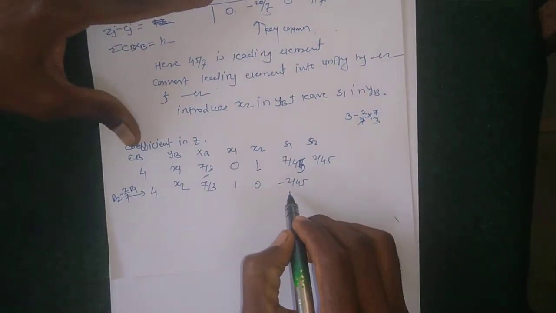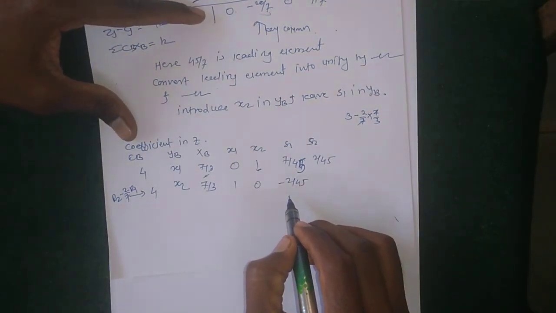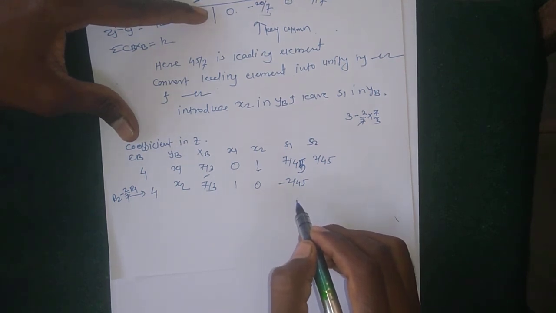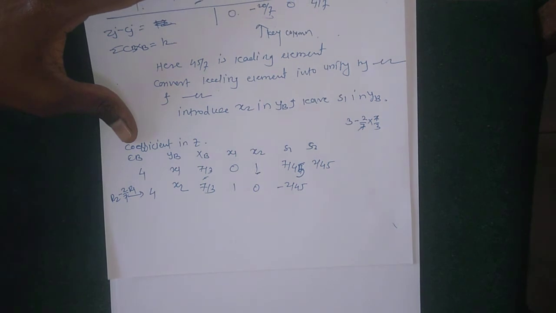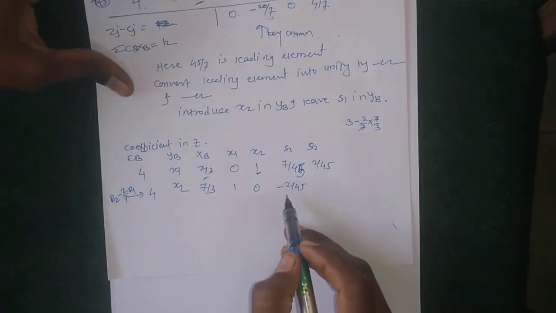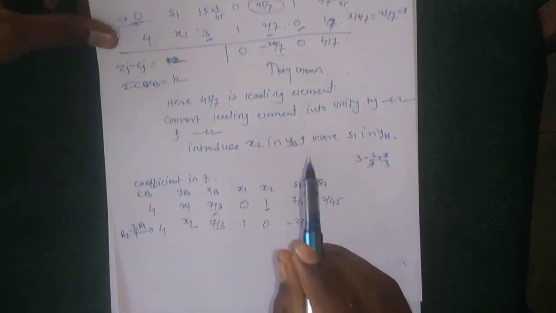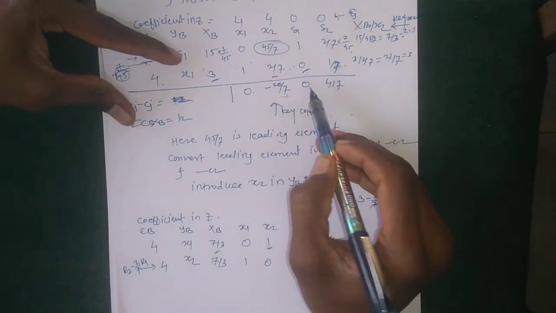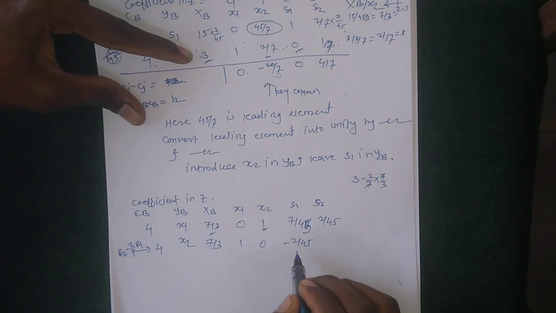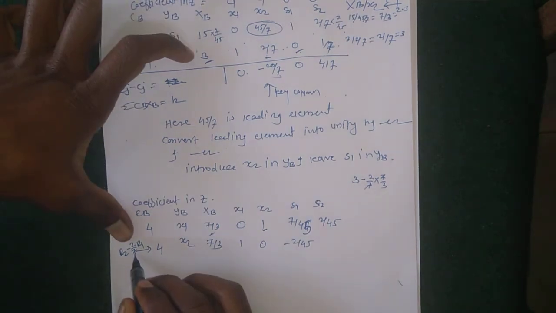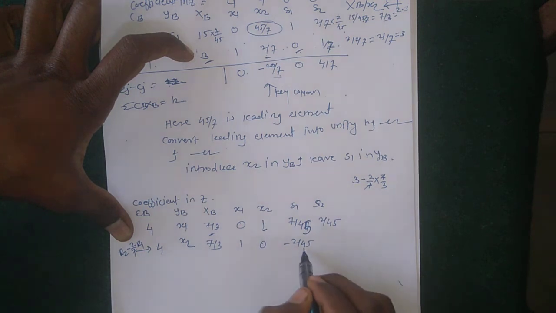Okay, or correct this operation, R2 column is 0 minus 2 by 7, 7 get cancelled, minus 2 by 45.